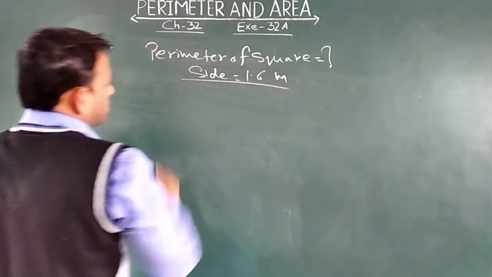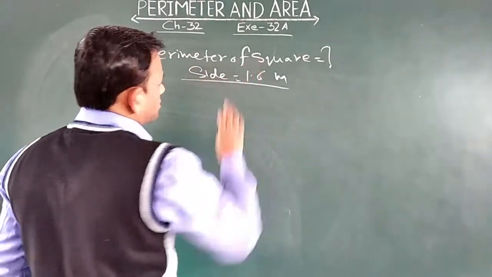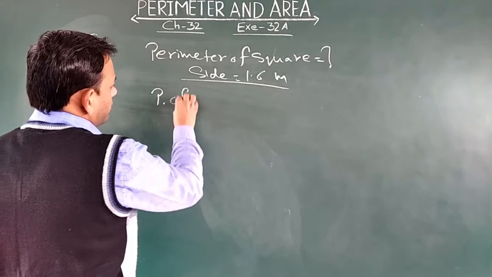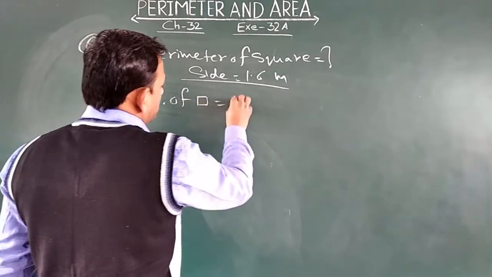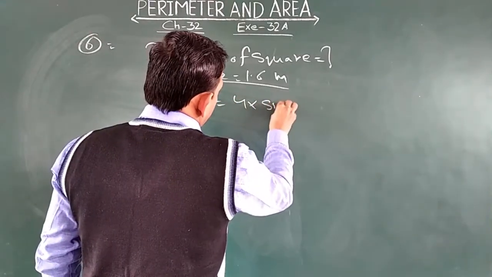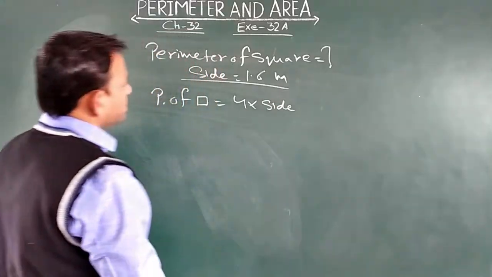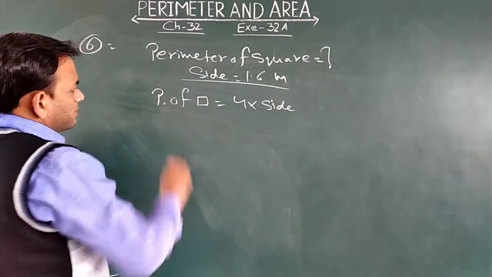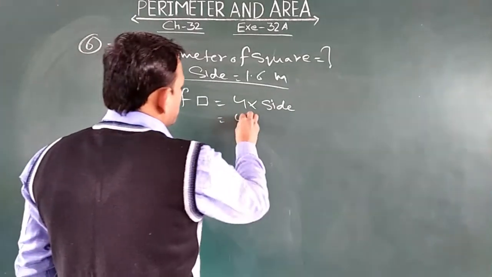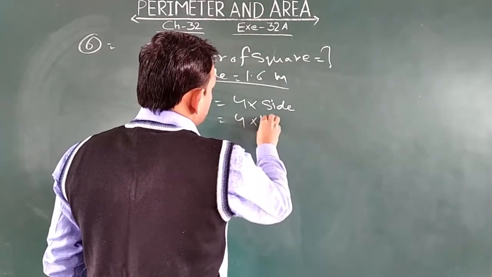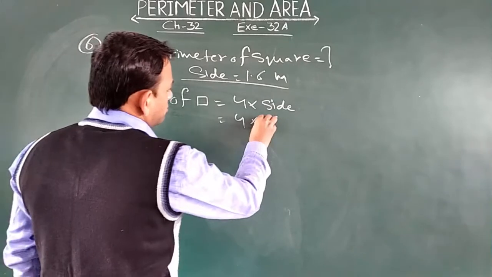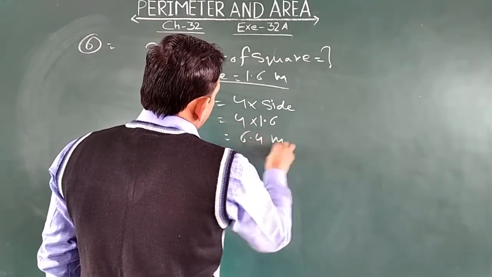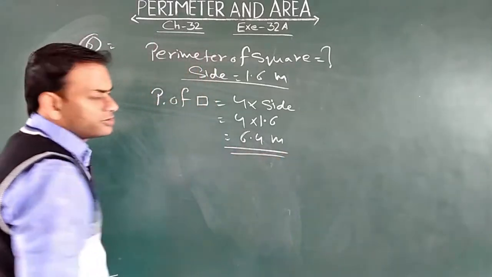As you know, the perimeter of a square is 4 into side. As I told you, when we multiply the side by 4, we get the perimeter of a square. So 4 into 1.6. Side is given as 1.6. So it will be 6.4 meter. When you multiply, you will get 6.4 meter.